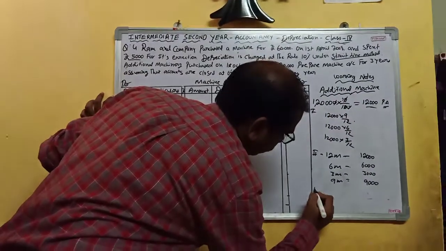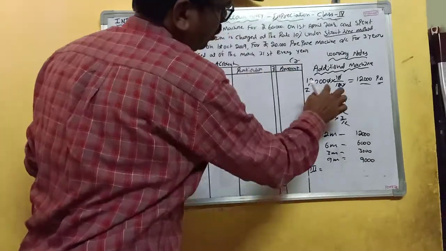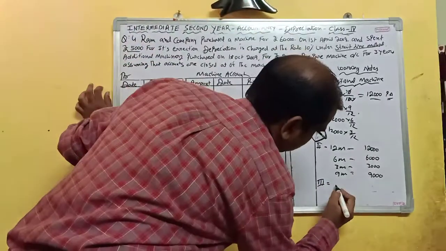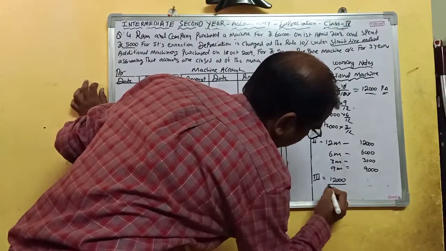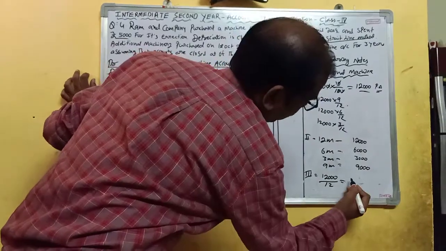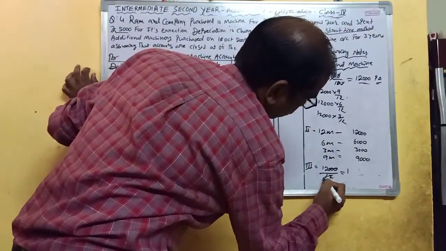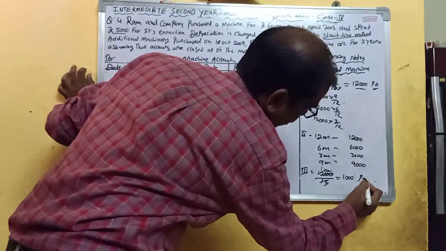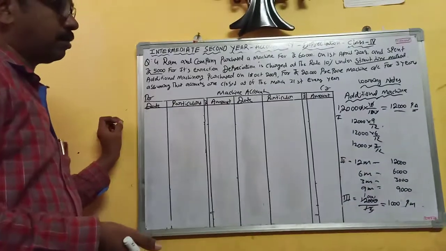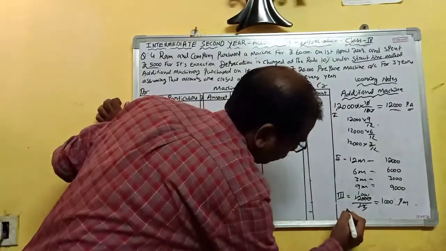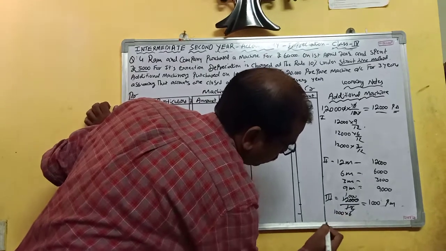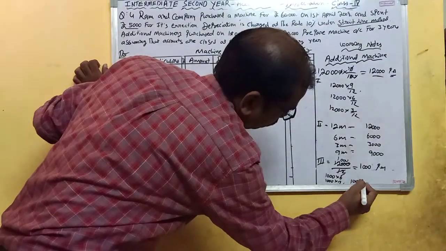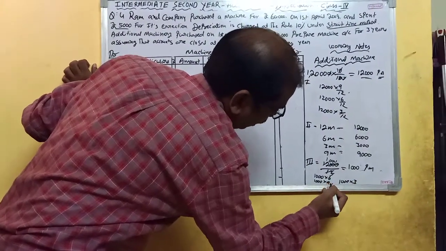Third method. Total 12,000 is there. In this 12,000, you have to divide by the total months. 12,000 divided by 12 months, we get 1,000 rupees per month. Now you can take per 6: if 6 months, 1,000 into 6; 1,000 into 9; 1,000 into 3, like that.